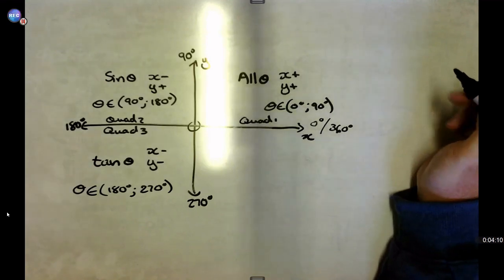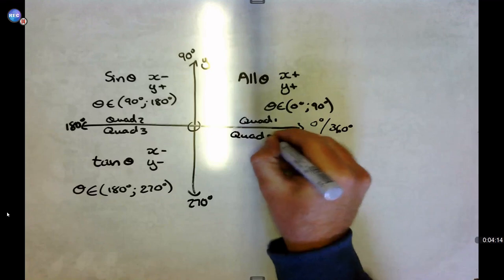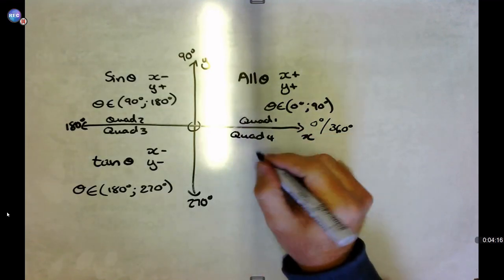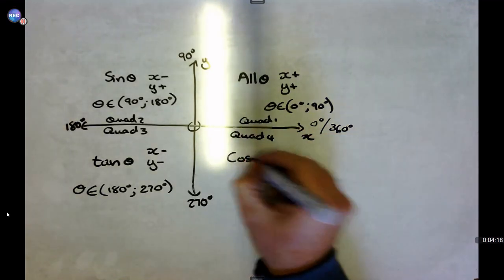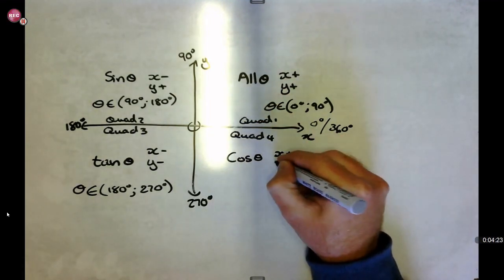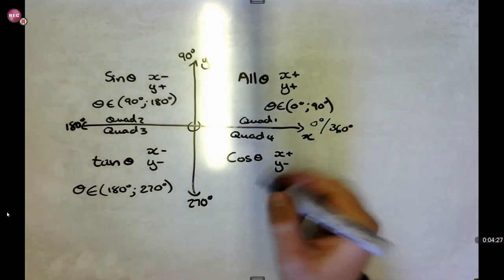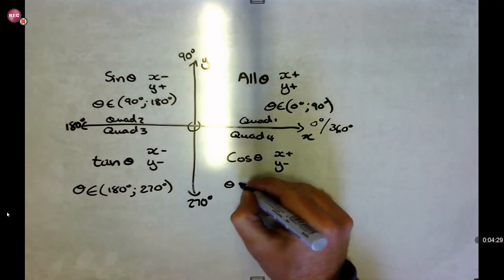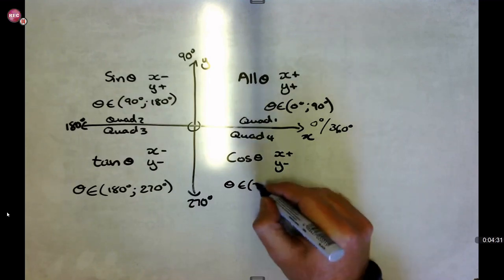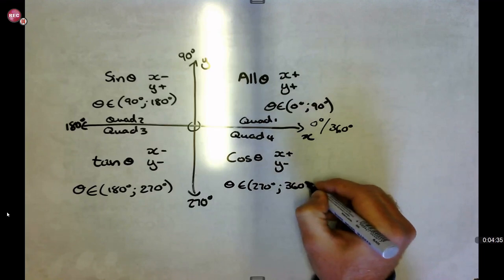Okay. Then moving on to quadrant number 4. You would know that cos favors this quadrant, and that x is positive here, but y is still negative. Okay. Then with that, you would notice that theta would be an element of 270 going to 360.